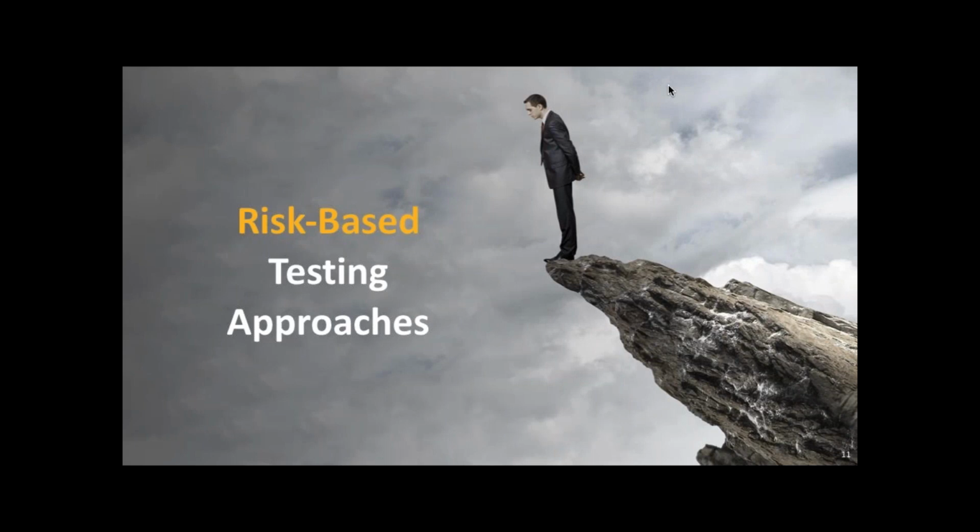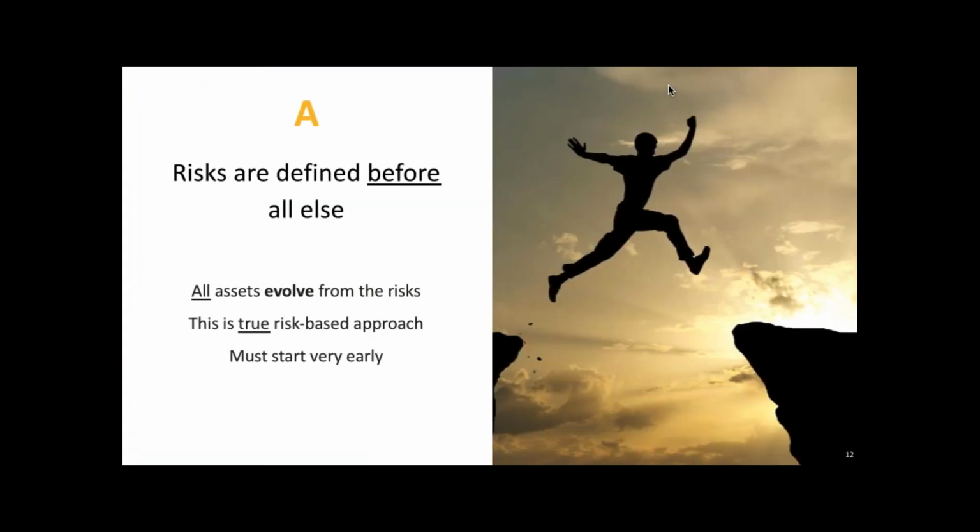So let me talk about some risk-based testing approaches, because we're going to hone in on one particular one, but there are three different approaches I want to discuss with you. One is when risks are defined before all else. In other words, our assets, our code, our applications, our test cases, etc., all evolve from the risk.